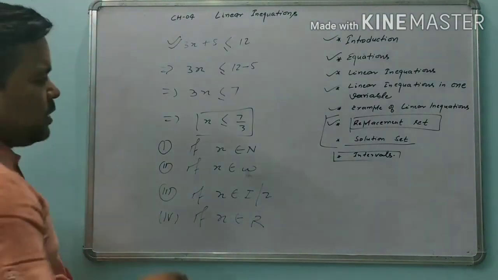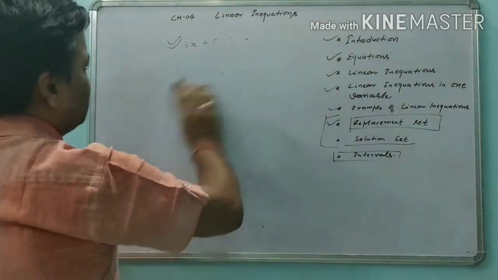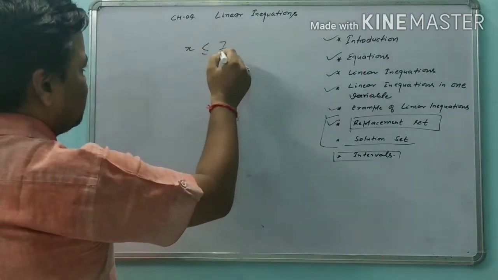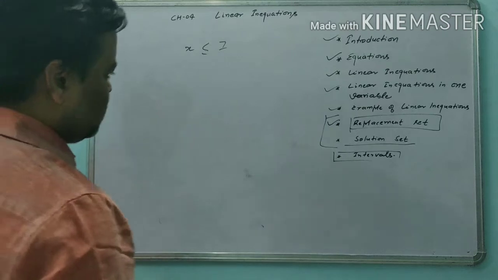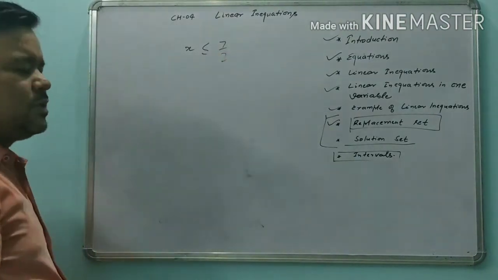So one by one, first of all, what was the solution set? The value of x is less than or equal to 7 by 3.